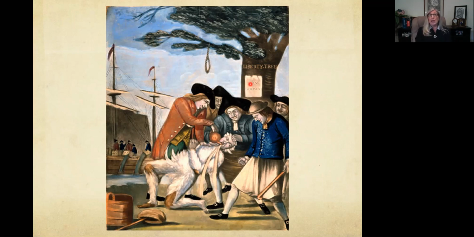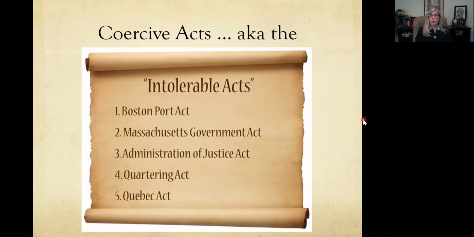When they destroy that incredibly expensive tea, $1 million worth of tea, just dumped into the harbor, the British government's going to punish Boston, and they punish them through a series of laws known as the Coercive Acts. Coerce somebody means that you force them to do something. And this was punishment that was inflicted on Boston until the value of the tea was paid back.